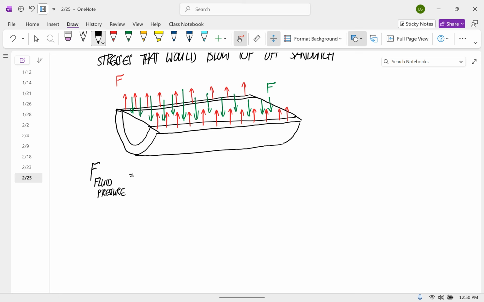So we just want to calculate the area of that rectangle. It's 2 times the radius, think of it as the height of that rectangle, times the length. And then we're multiplying it by the fluid pressure. So we have 2RLP.